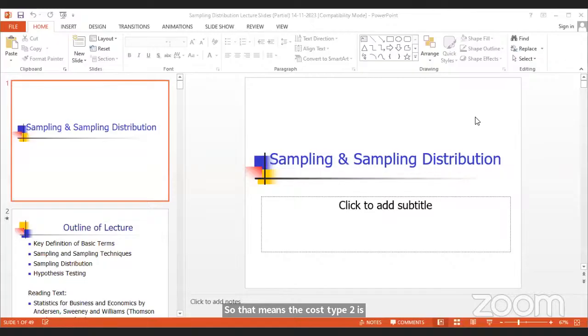FBA 220 is largely descriptive statistics, where we have been introduced to various methods of data collection and data summary. After collecting your data, you can summarize it using tables, graphs, and other charts.